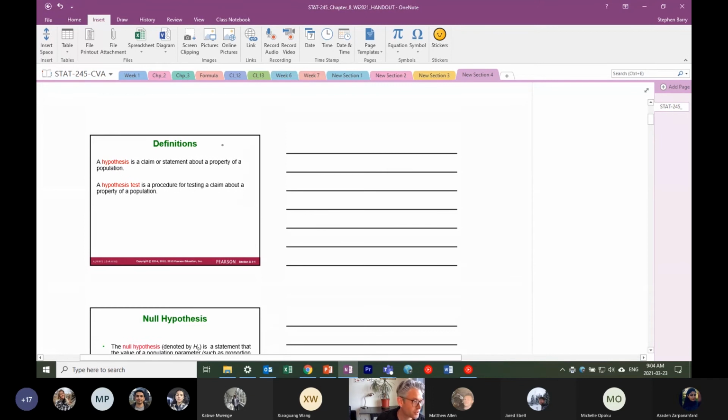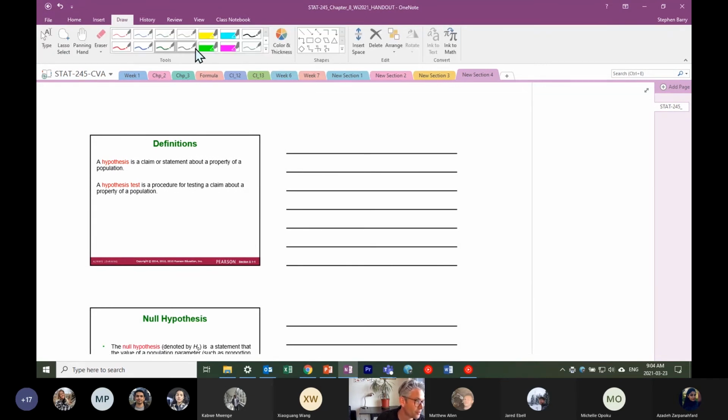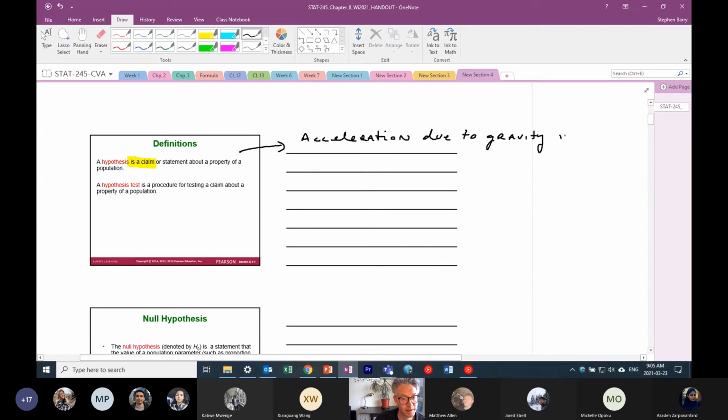So a hypothesis is really a fancy word for just a claim. You could say the acceleration due to gravity, and this is what we're designing lab number 4 to ultimately test, is 9.8 meters per second squared.